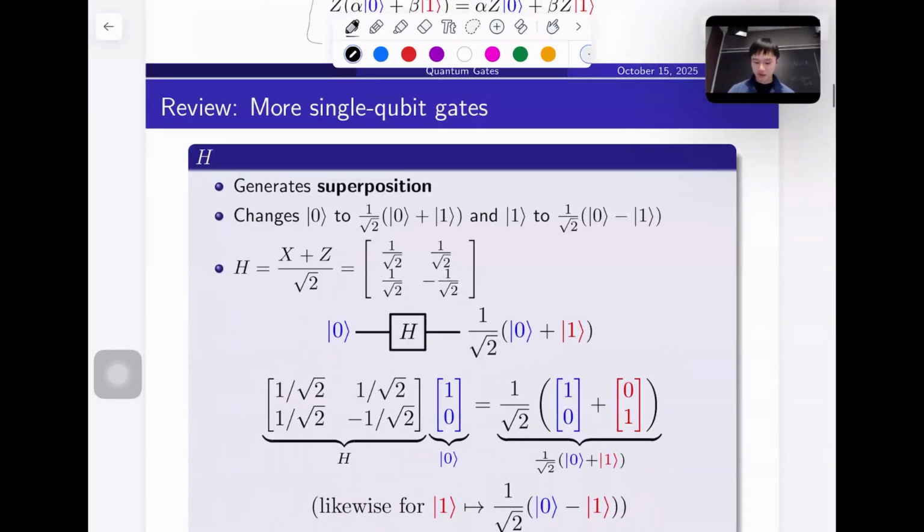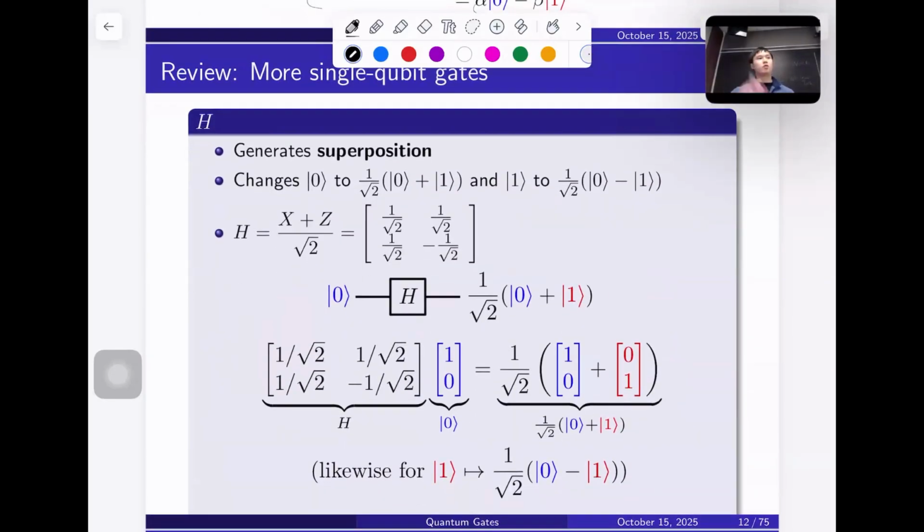Okay. Next, we have the Hadamard. Before, we saw a gate that took one state to one definite state, but the Hadamard can take us from a state such as 0 to a superposition, where there is some non-zero probability of measuring both states. So for example, it takes the 0 state to the state where there's a 1/2 probability of measuring a 0 or 1, and takes the 1 to another state that also has a half probability of measuring a 0 or 1.